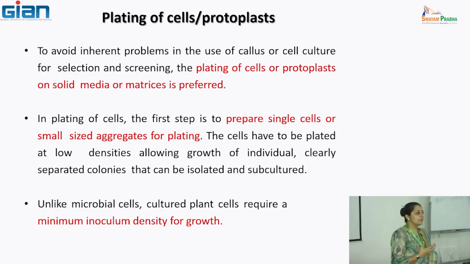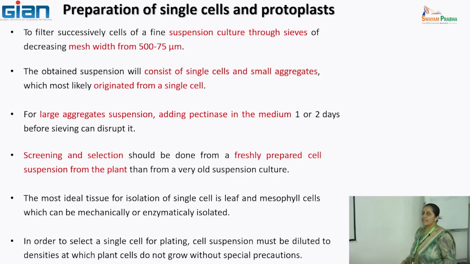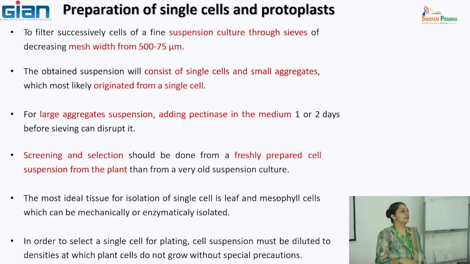So what is an inoculum? Inoculum is the initial starter culture which you use to mass cultivate or further grow the biomass. Now, how is it different from microbial cultures is that in plant cell cultures, some minimum amount of inoculum is sometimes required.